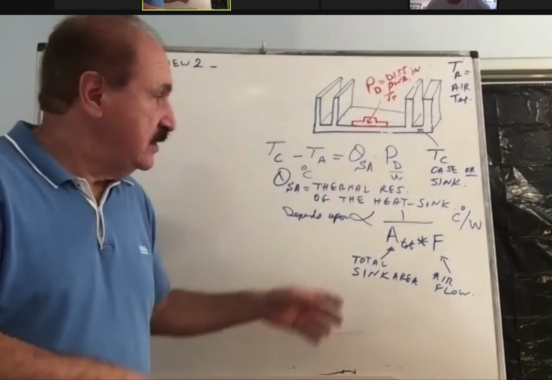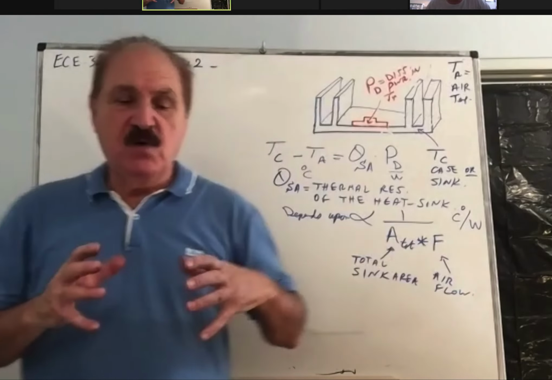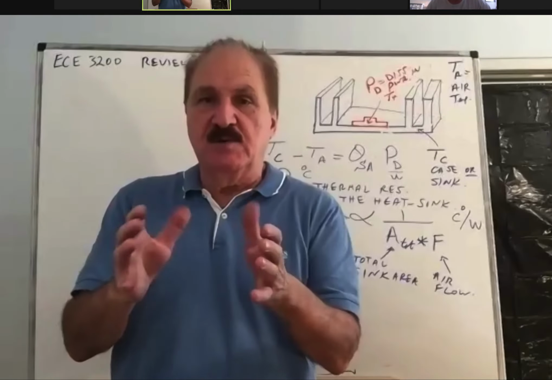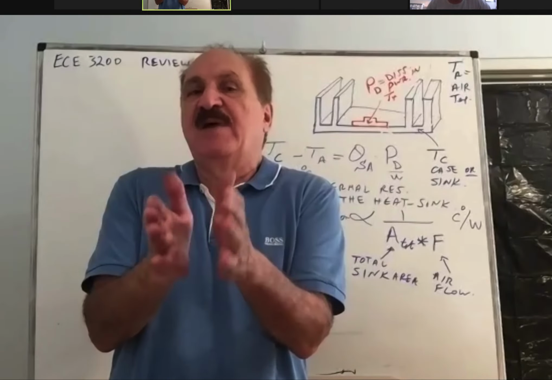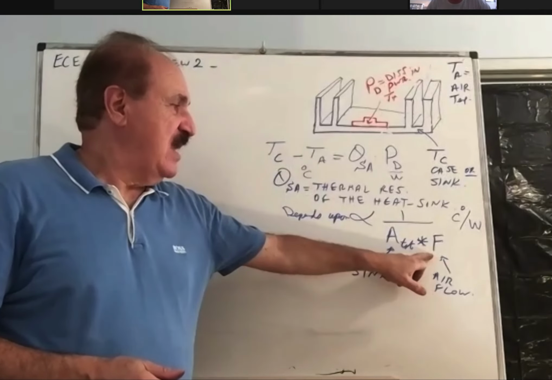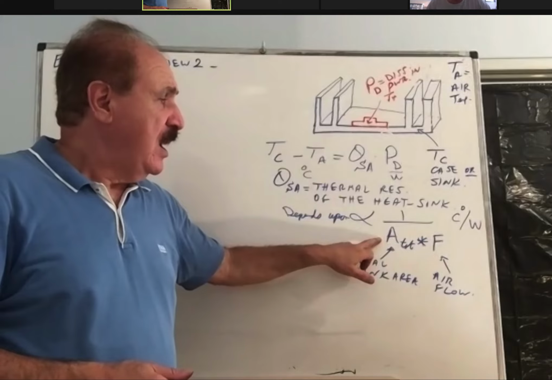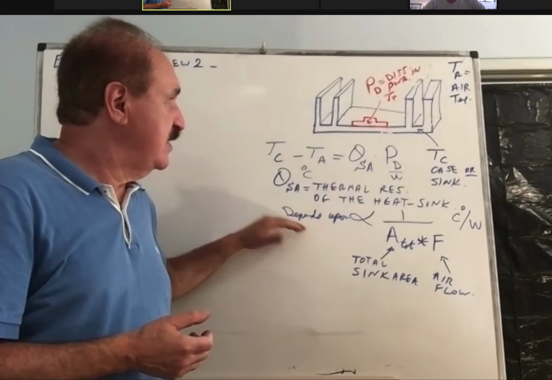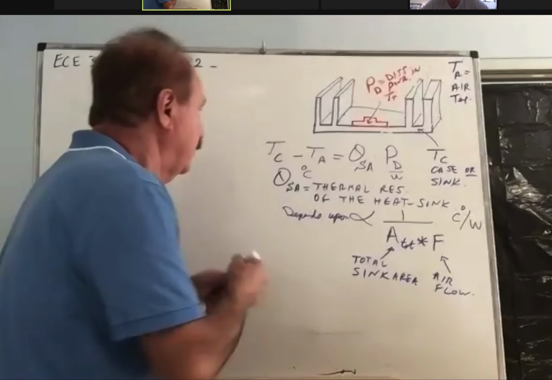Okay, so let's see what that is. If you have no facility to move the heat away from the blades, in other words, just standing by itself with no fan, given F, and the given area for a heat sink, you've got a given amount for theta SA.